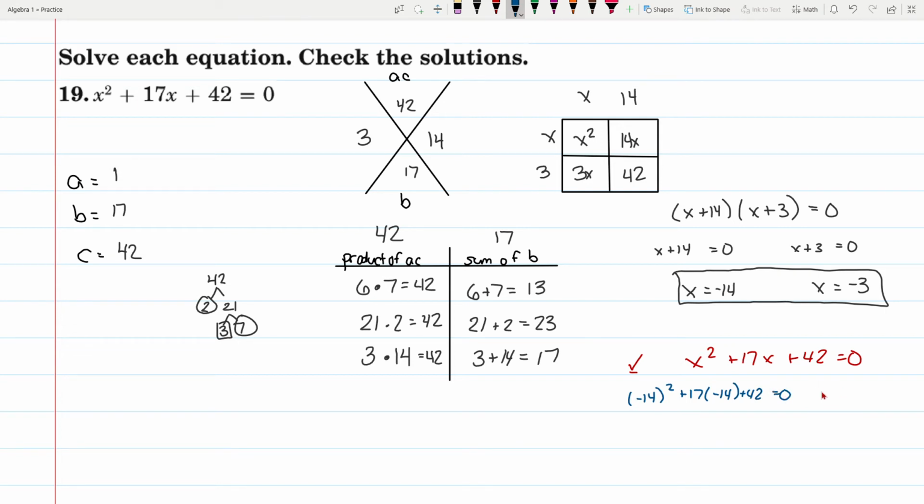On the other hand, you would have negative 3 squared plus 17 times negative 3 plus 42 equals 0. And you would solve these things down, and on this side you'd get 0 equals 0, and of course you'd get 0 equals 0 here.